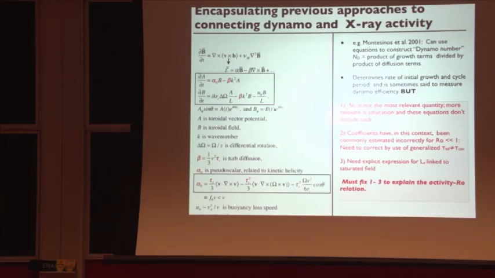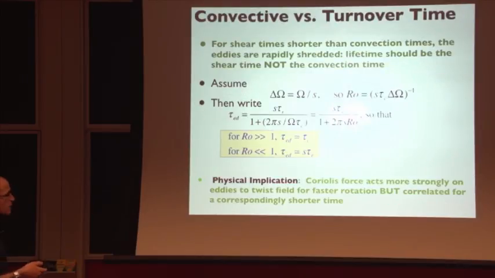So this is very important, because you can accommodate this by defining a new eddy turnover time scale that in the limit of large Rossby number, long rotation period, goes as the convective time, but for small Rossby number goes as the shear time scale.